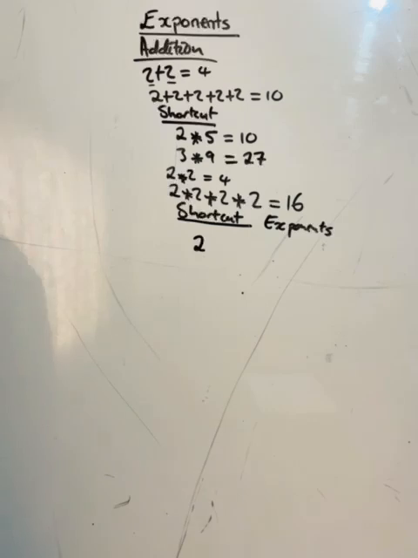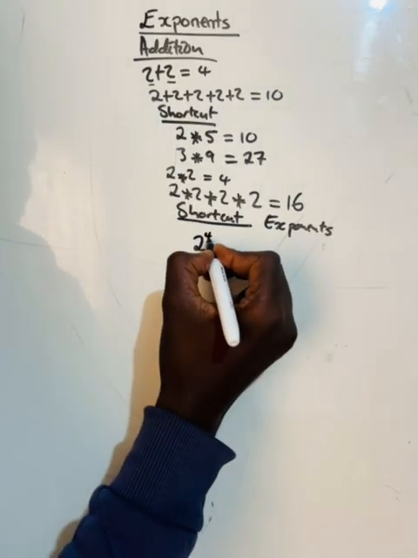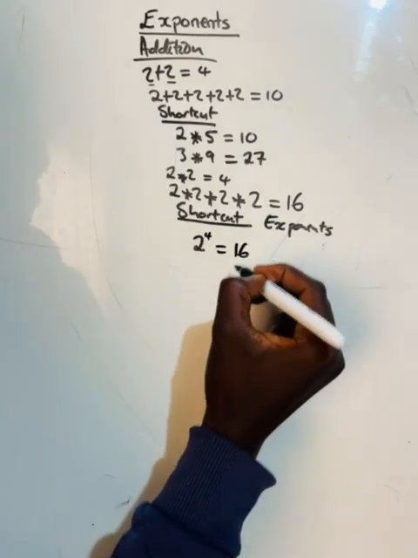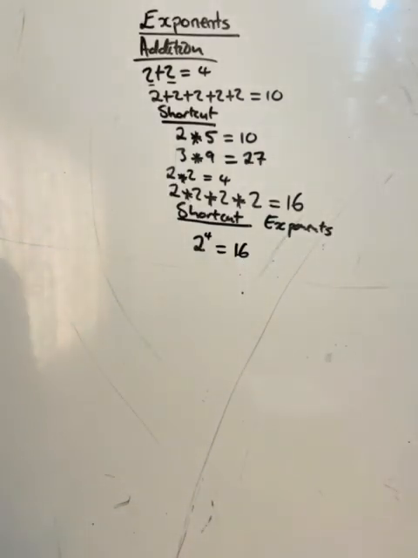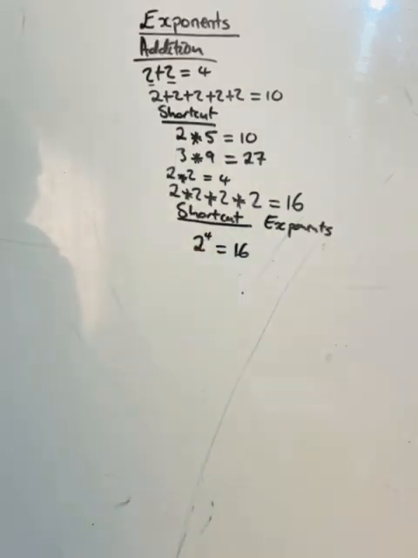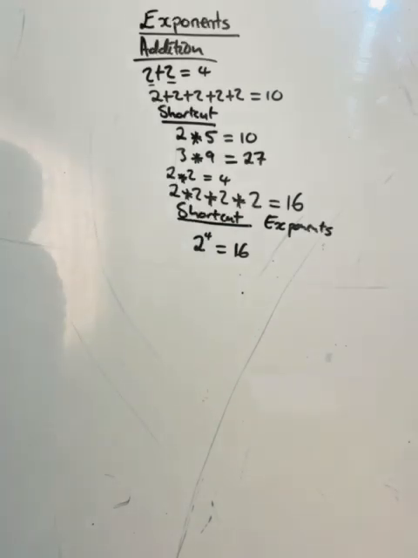And how many times should we multiply this 2? We should multiply it 4 times. And we get the answer which we call 16. Now, this is a different way of writing 2 times 2 times 2 times 2.